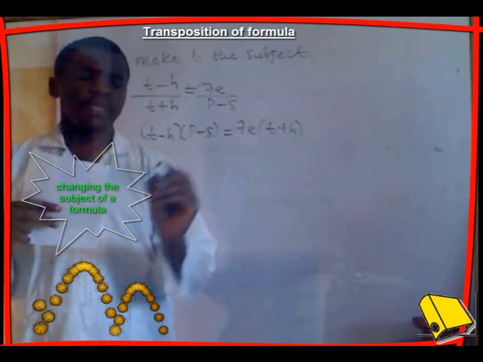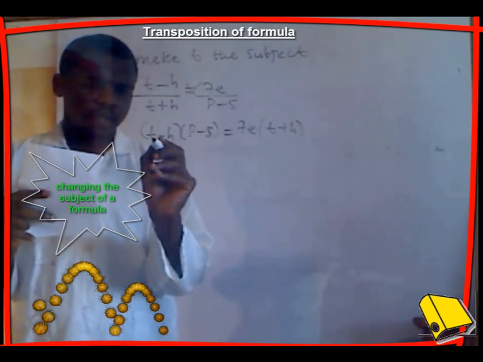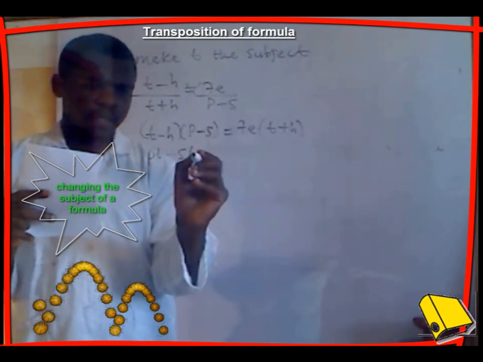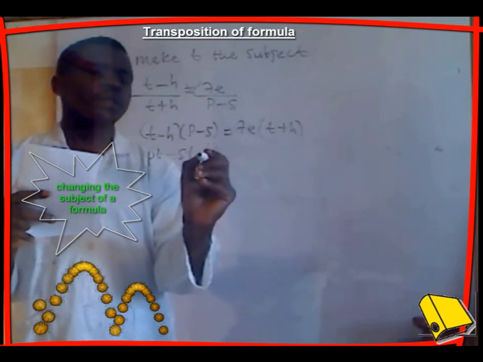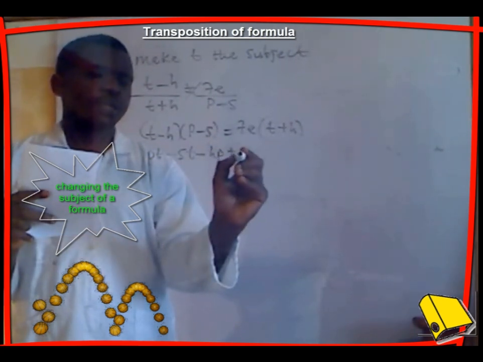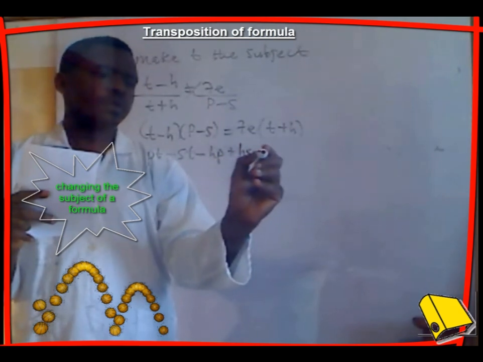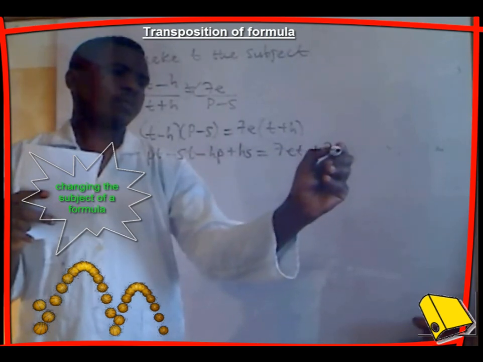Let's open the bracket here. We shall have pt minus st, minus h times p gives us minus hp, plus hs, equals 7et plus 7eh.